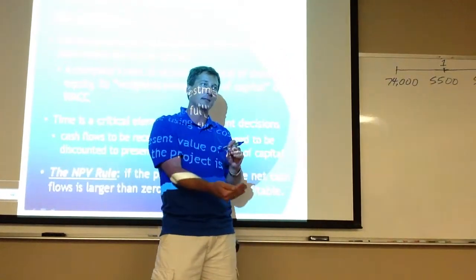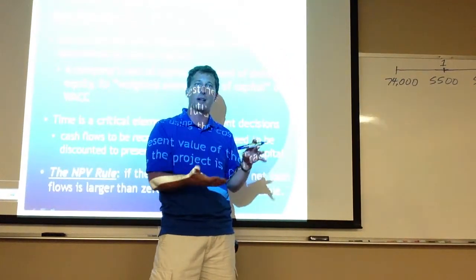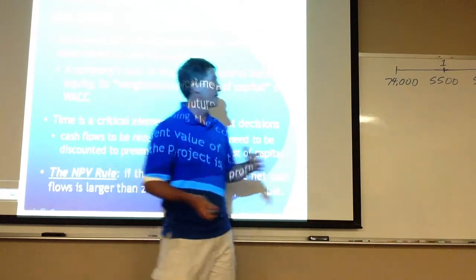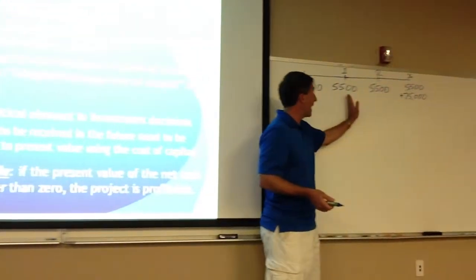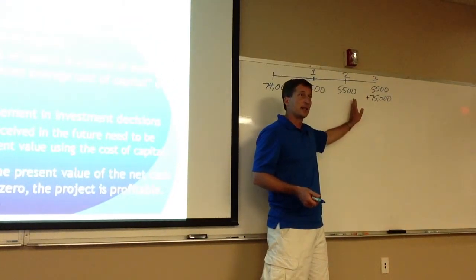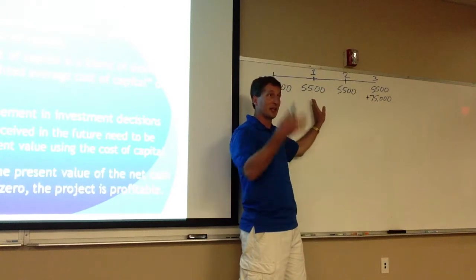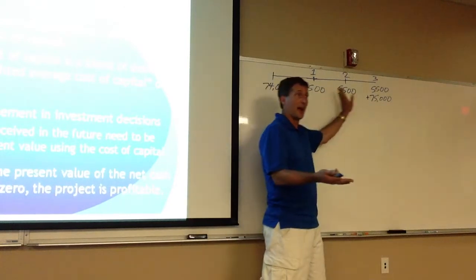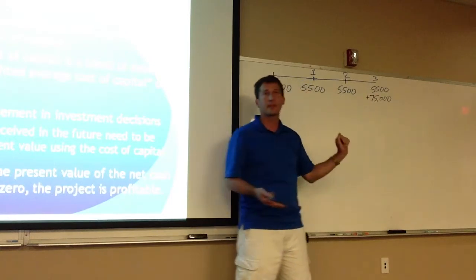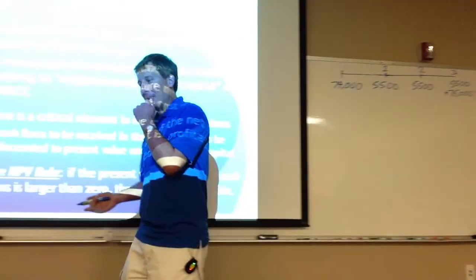Hopefully that'll make sense as you start to think about opportunities, because there were lost opportunities. That's why you'd rather take $5,500 today versus $5,500 a year from now, because if you got it today, you could invest it in something and have more than $5,500 a year from now. Okay? So, everybody clear on that?